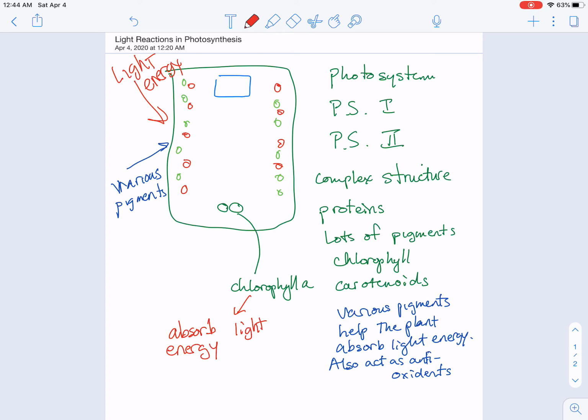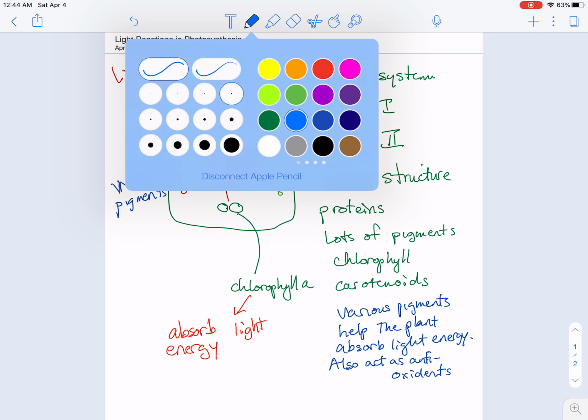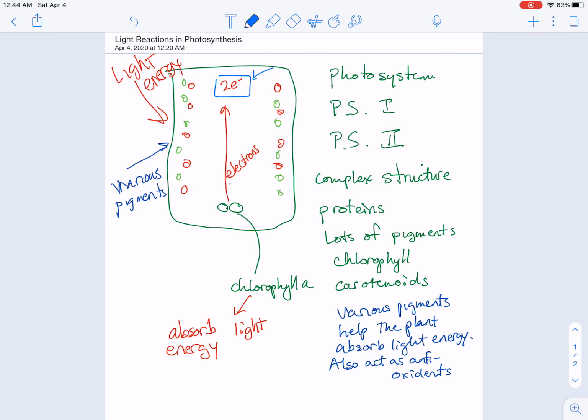And what happens is electrons get excited from those chlorophyll A molecules. So they get excited and they move up into this little special box, and this is called the primary electron acceptor.